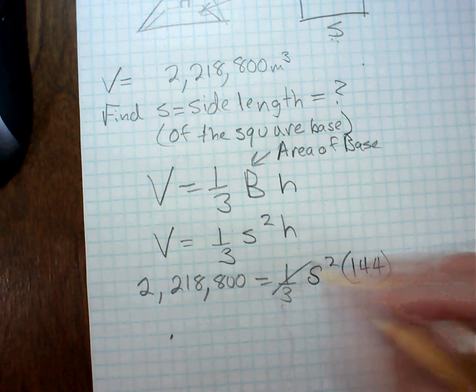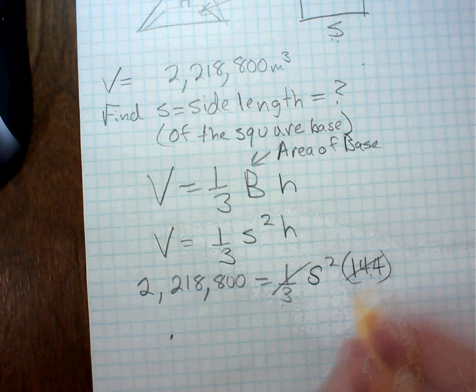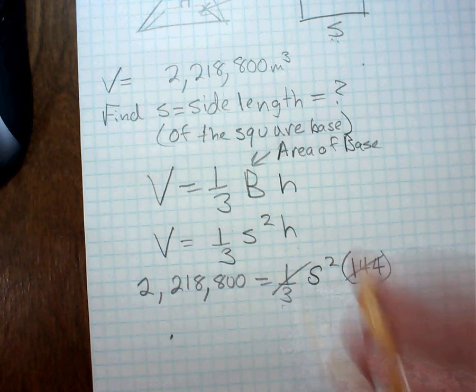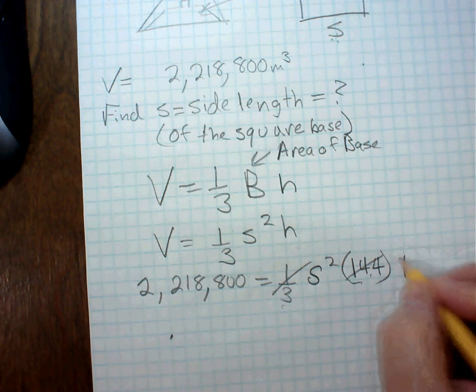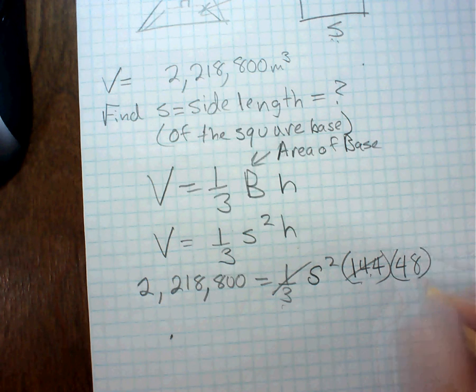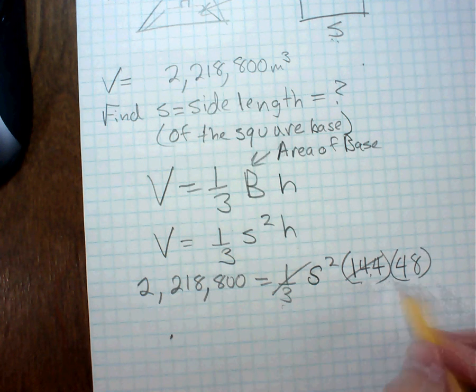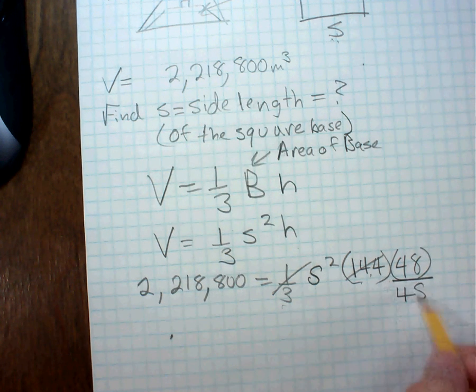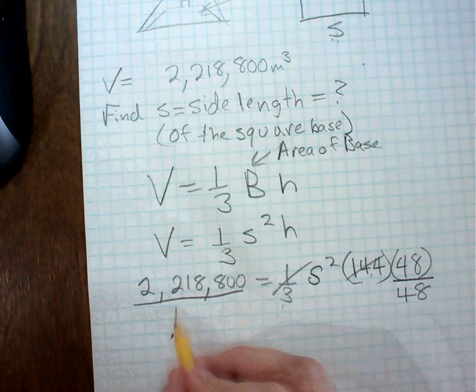So this whole thing is multiplied by 48. So then to get the 48 away, I'm going to divide by 48, and whatever I do on one side, I've got to do on the other.